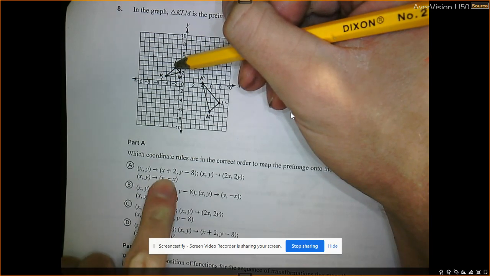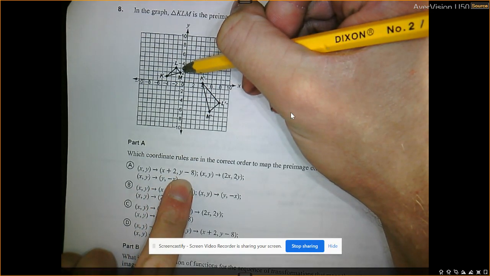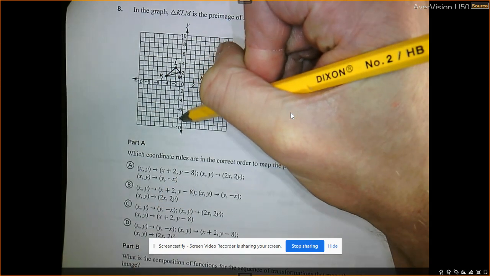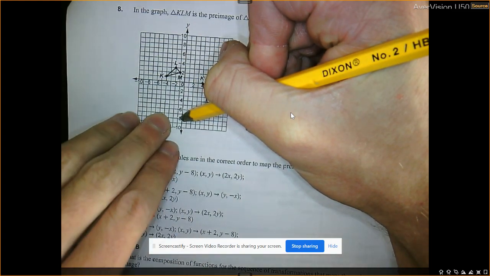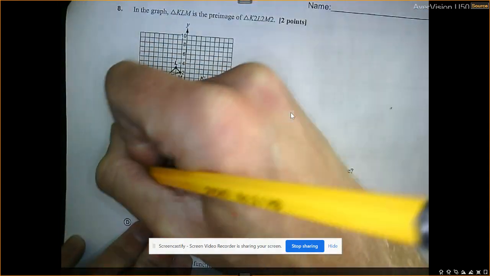Okay, and first it's saying we're translating first, so going plus 2 on the x, minus 8 on the y. Well, already you should see, well, that can't be what's done first and then made bigger. Like, no, that's never going to get you over there, so it's not A.